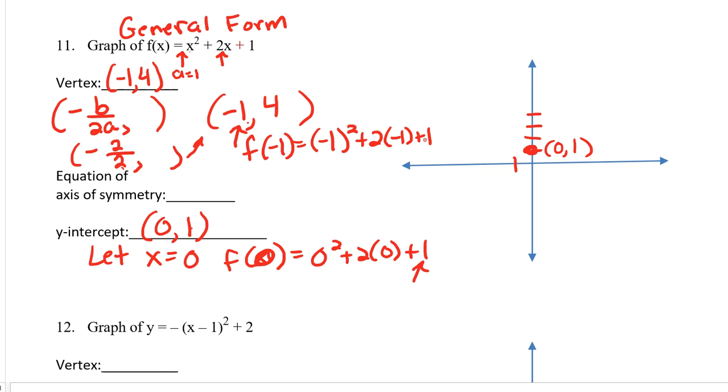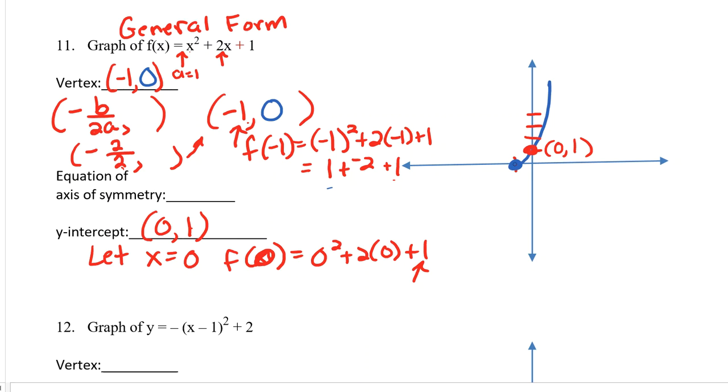All right, let's find out here. This would be 1 minus 2 plus 1. So it looks like the y-coordinate of our vertex should have been 0. Let's get that fixed up. The y-coordinate of our vertex is 0.